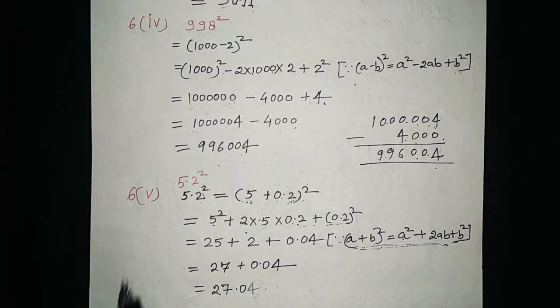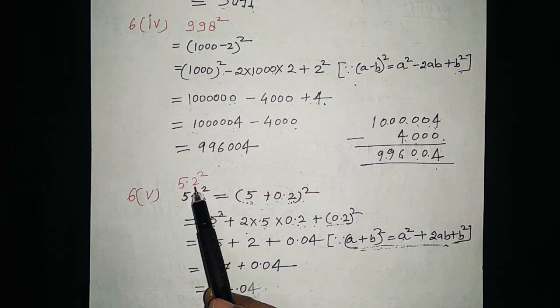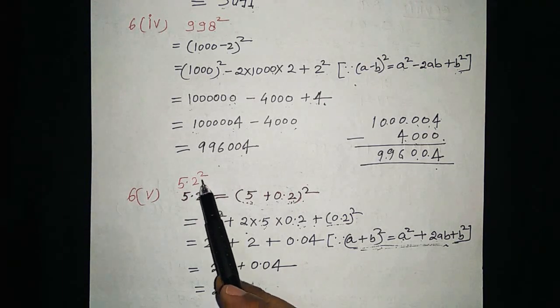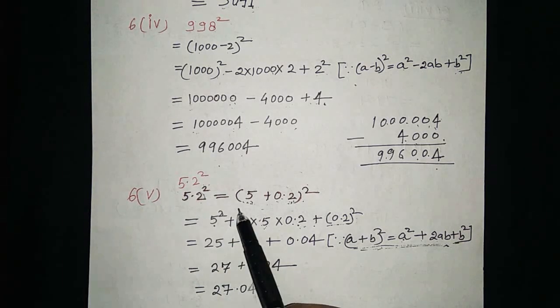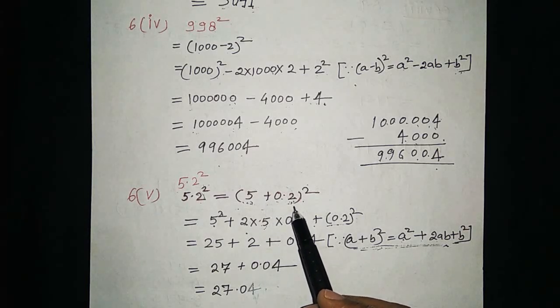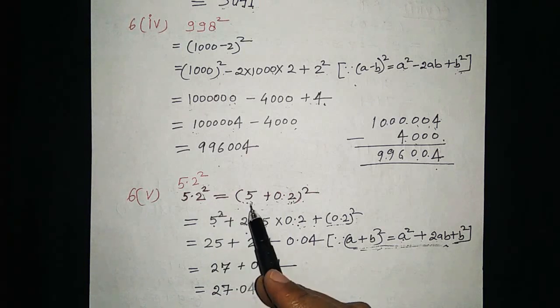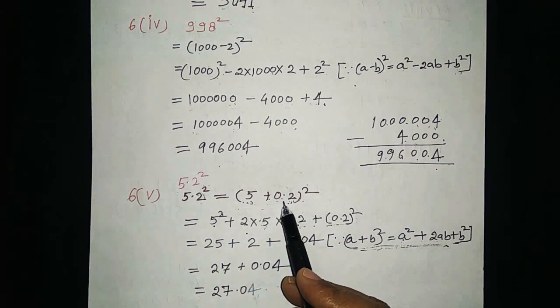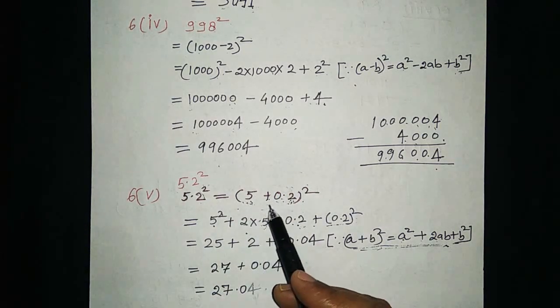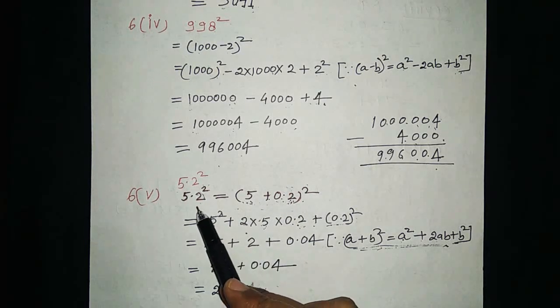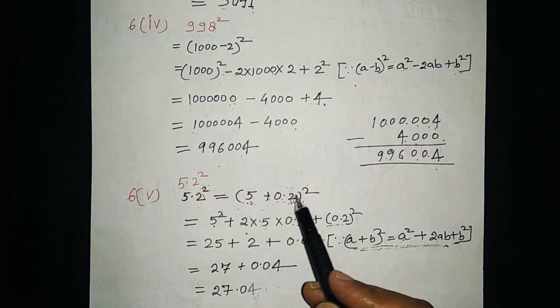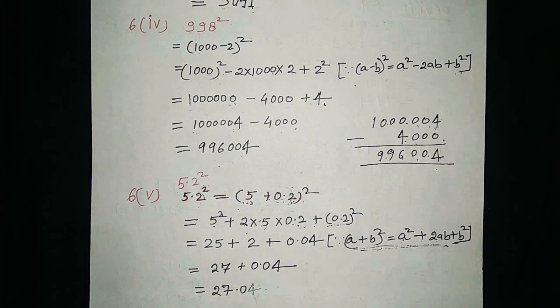Now see the fifth part of question 6. 5.2 square. Here this 5.2 square we will write in the form of any identity. So here for 5.2 you can write 5 plus 0.2, because if you add 5 and 0.2 you will get 5.2, and then we will do its whole square.